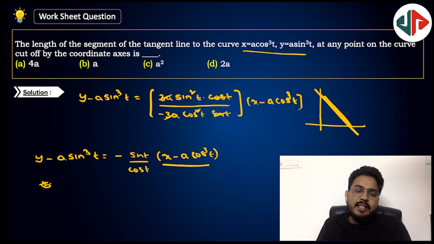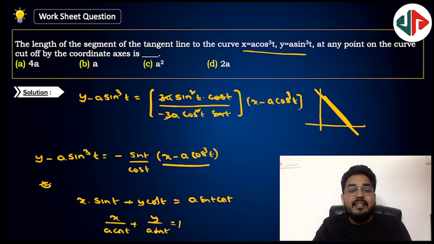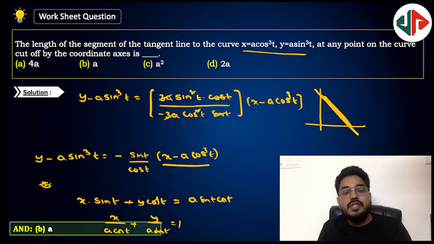So I will write it as x sin t plus y cos t is equal to a sin t cos t, with cos square here and sin square here. So clearly this one is x by a cos t plus y by a sin t is equal to 1. The length of the segment will be equal to a. That value is going to be a.